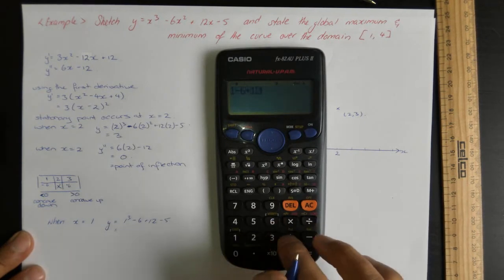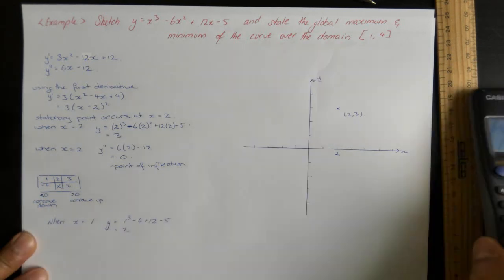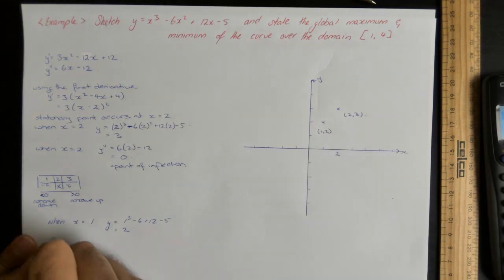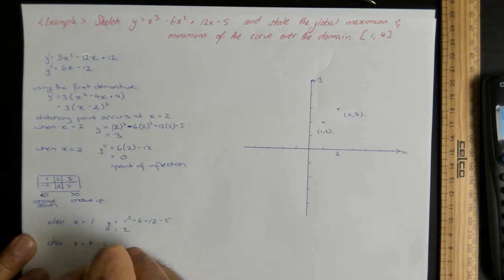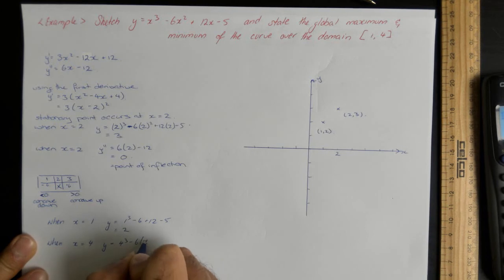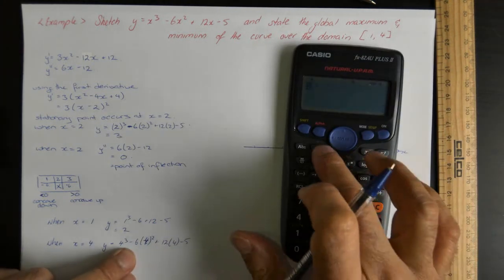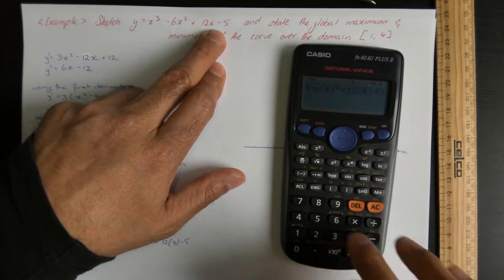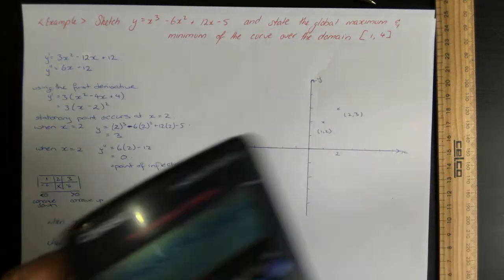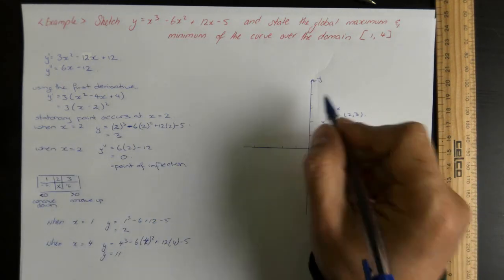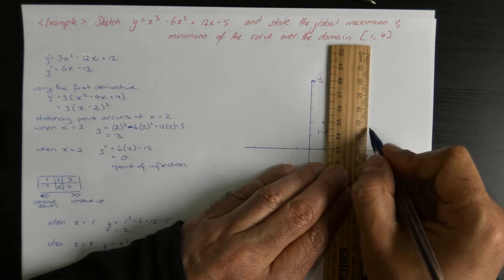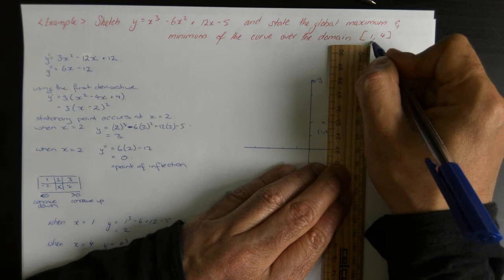So 1 minus 6 plus 12 minus 5, we get 2. And also when x equals 4, so 4 cubed, minus 6 lots of 4 squared, plus 12 lots of 4 minus 5. So my scale is really out now.